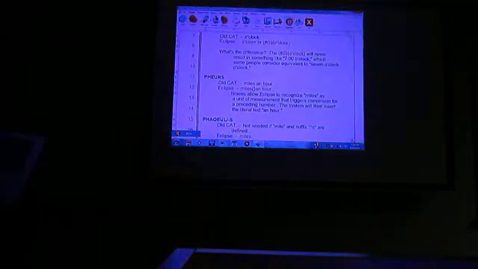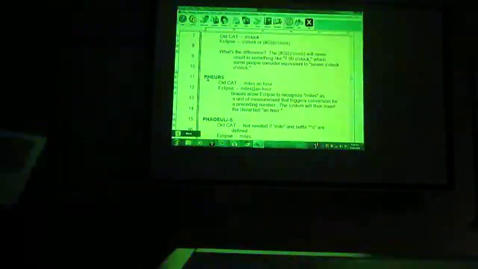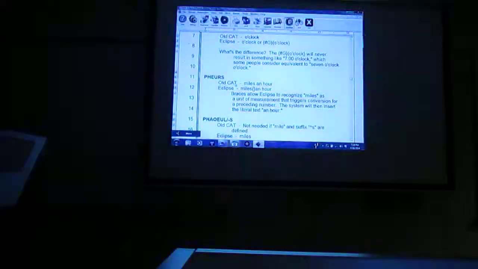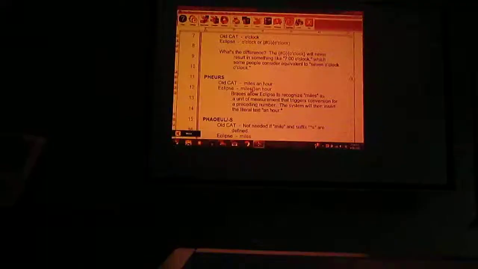Same thing right here. They're talking about miles per hour. So if you're going to do miles per hour, that's the brief for miles per hour. MIRP is miles per hour. Miles an hour is MIRS. And that's the way that you would set it up.